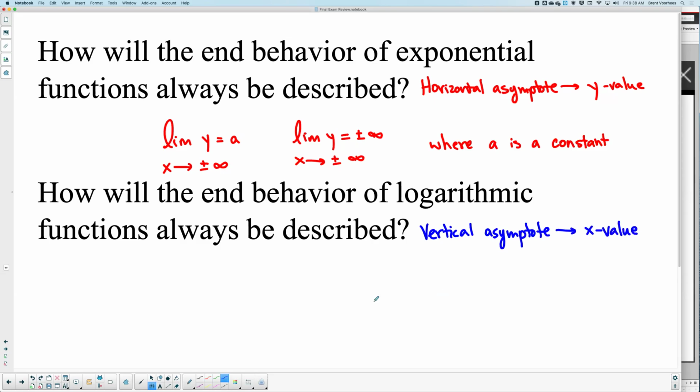So what will be different is your two limits will look like this. You'll have one limit where the x value approaches a constant, and your other limit where neither value is a constant. Again, this is where a is a constant.